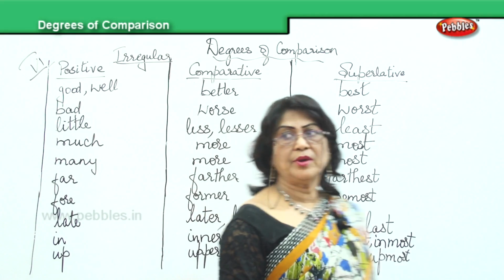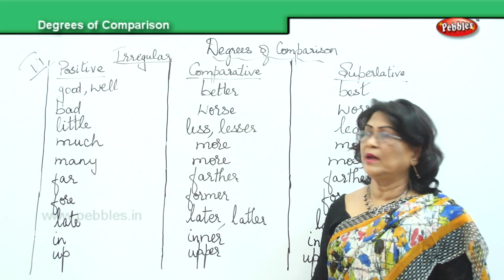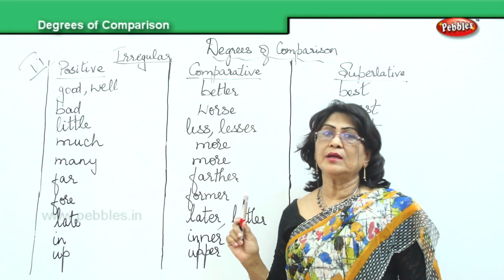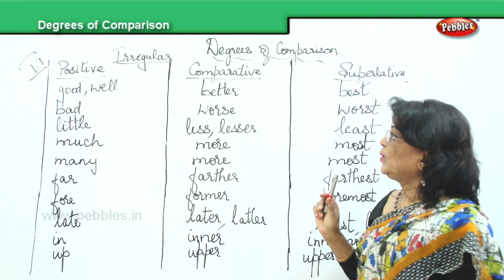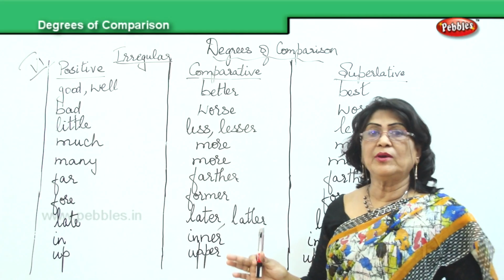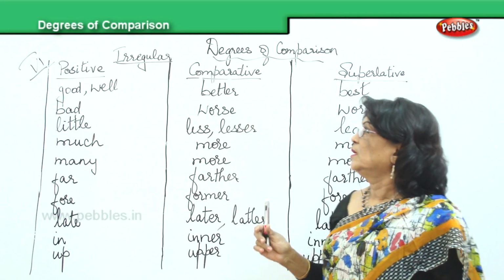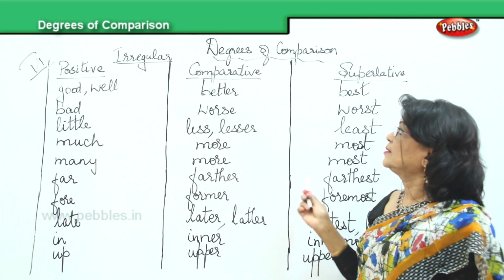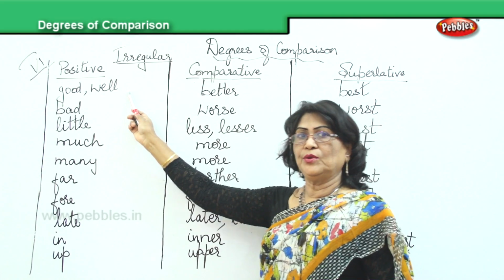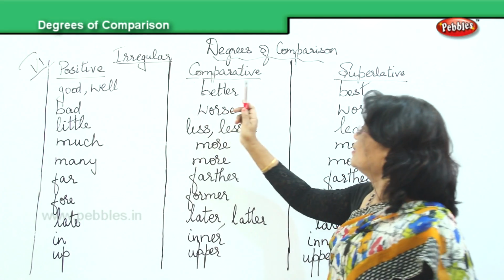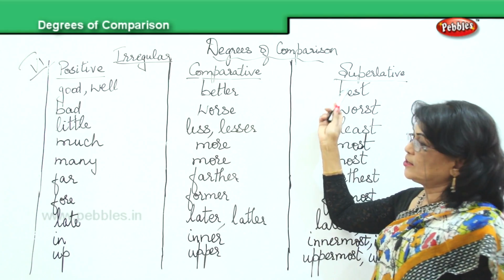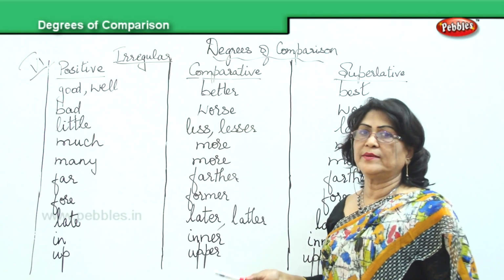Let's have a quick recap of all that we have done now. This is the last rule, which is irregular comparison, and we have here some words which do not follow any set rule. It is so irregular in its comparison. Good or well, you just use better for comparative and best for superlative.